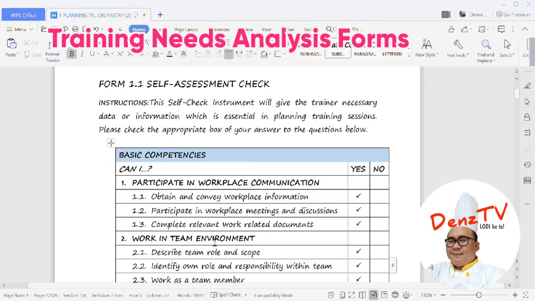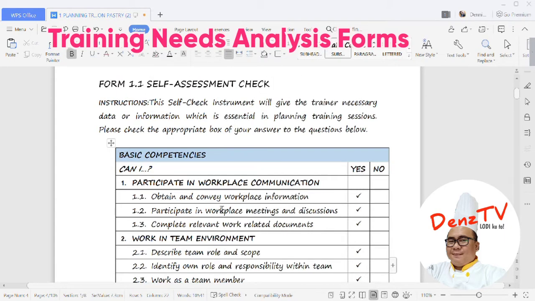All you need to do is copy and paste the basic, common, and core competencies.